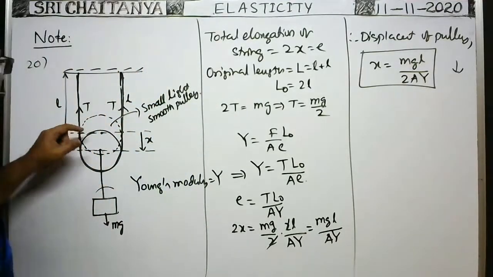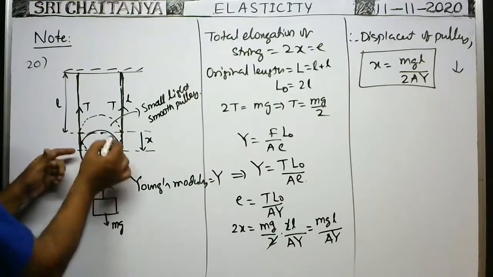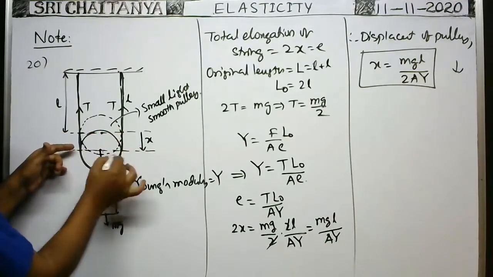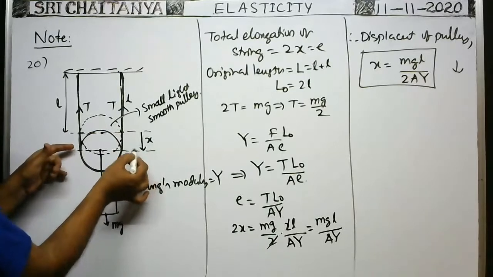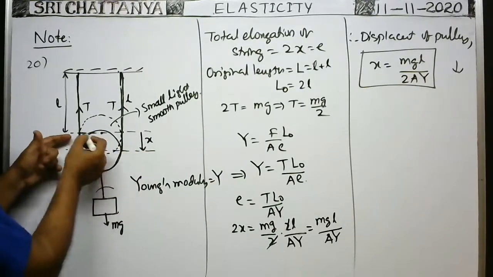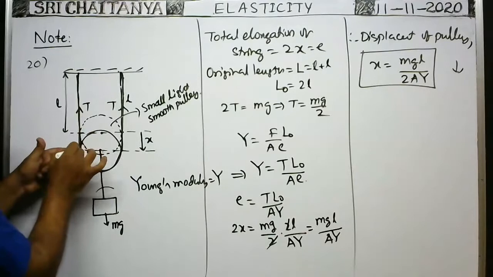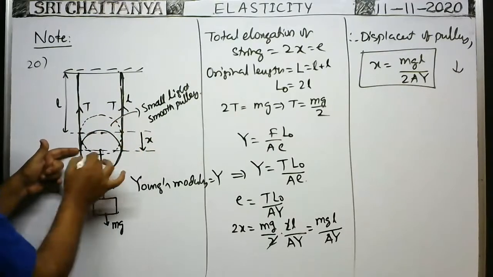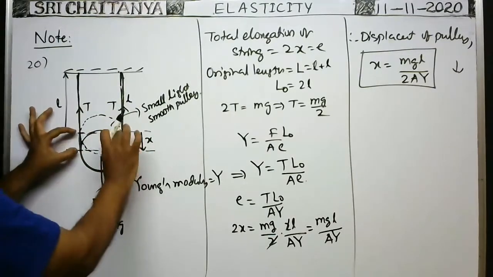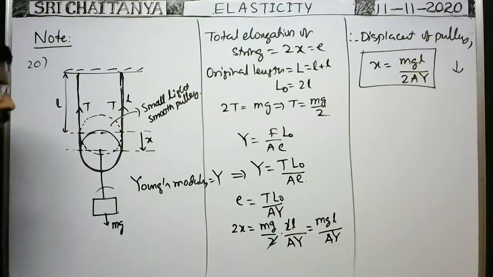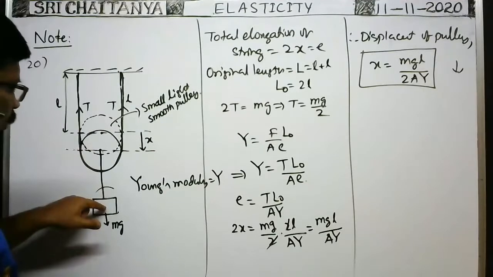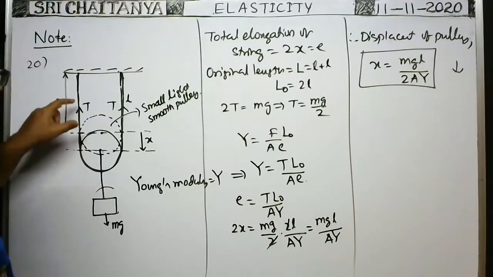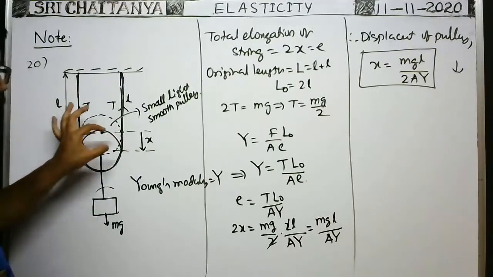Here you see, whenever the load is suspended, the pulley comes down through a distance equal to x. Whenever the pulley comes down, the length of the string in this direction increases up to this, and this length increases up to this. This length can be ignored. That's why this is x, this is x. This is the additional length increase. Because of the load suspended here, the total length of the wire increased by x plus x, meaning 2x.